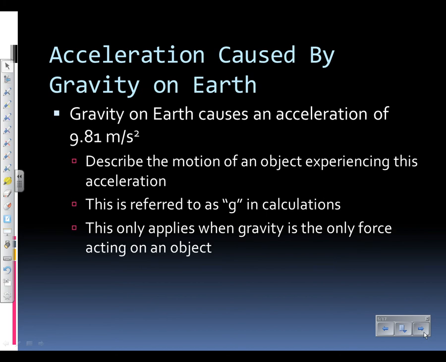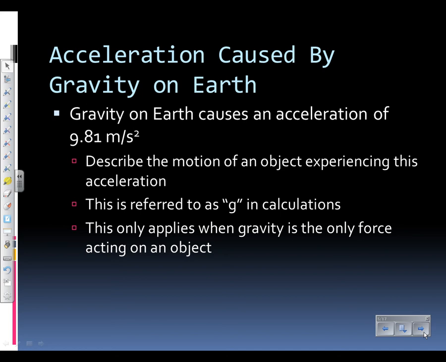But, and here's the amendment to that discussion, will we see that acceleration for the objects that we drop here in this classroom? No, because that is the acceleration caused by gravity. If gravity is the only thing that's affecting the motion of those objects, you'll see that acceleration. But at the beginning of the video, they dropped the penny and the feather inside that tube before they put the vacuum on. Did the penny and the feather hit the ground at the same time?